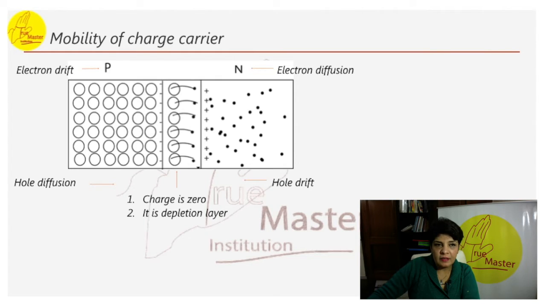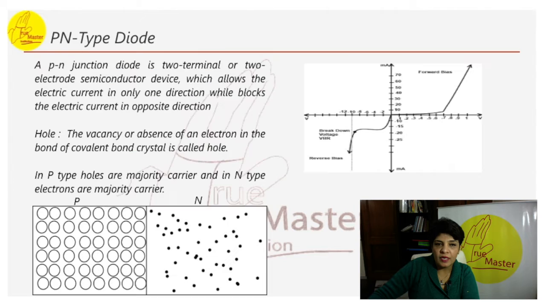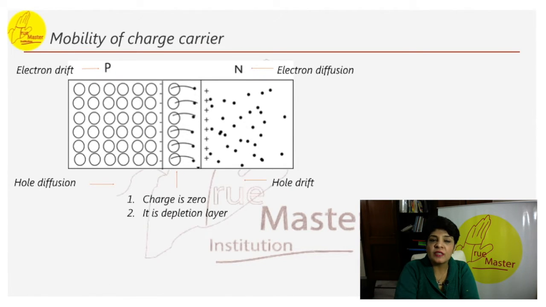Let's understand this part that we have covered one more time. The distribution of charge near the junction is shown in this picture. Negative charge gets accumulated in the P region. You can see the negative charge is getting accumulated here in the P region.